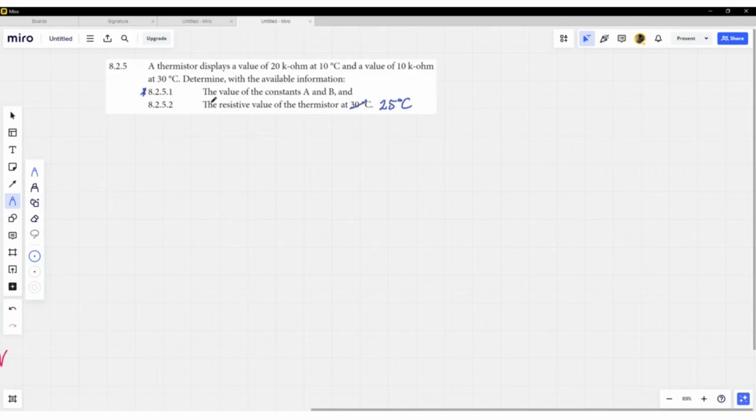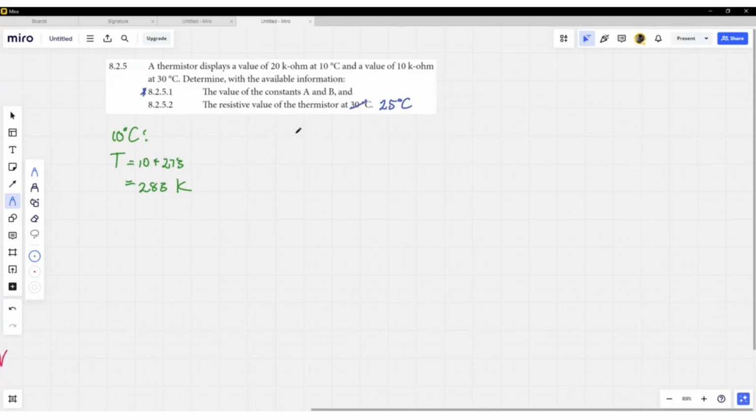So let's do 8.2.5.1. Essentially, you are going to solve this by doing simultaneous equations. For a start, the 10 degrees C is 10 plus 273, which gives you 283 Kelvin.